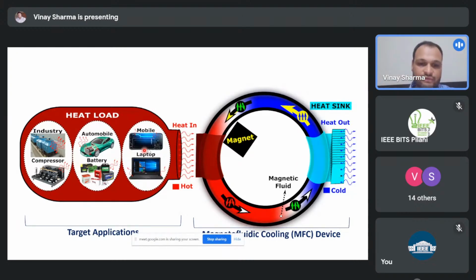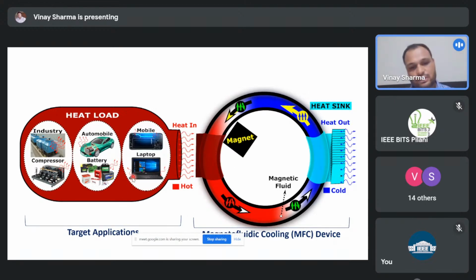For example, when you cool down a laptop, the working temperature for the fluid should be 50 degrees C. When it's a mobile, the working temperature should again be 40 to 50 degrees C. But if it's an automobile, then it should be around 100 degrees C. Batteries are again 80 degrees C. Compressors even higher. Industries even 200, 300 degrees C.